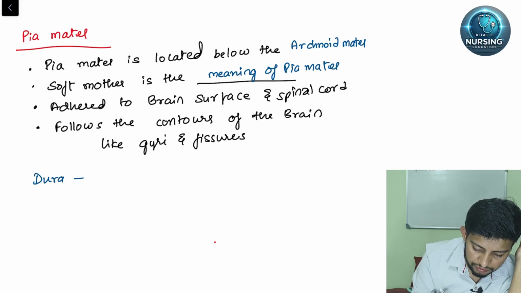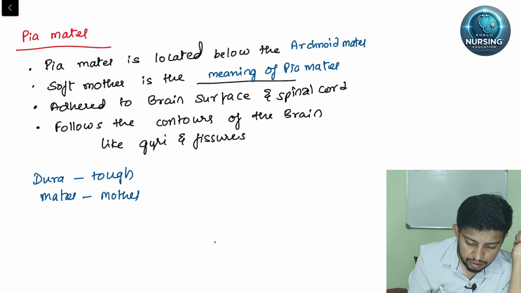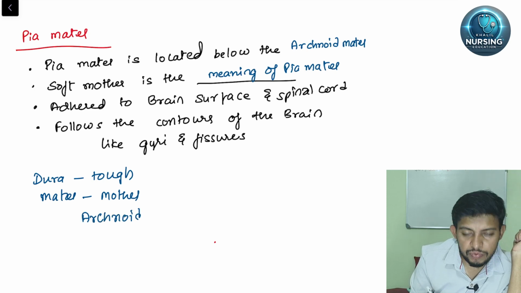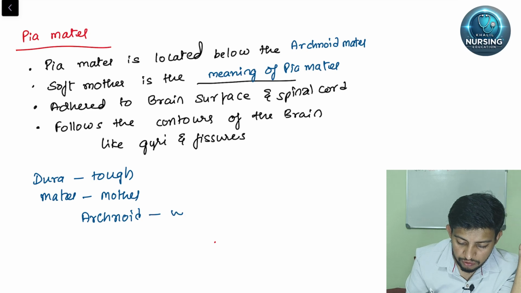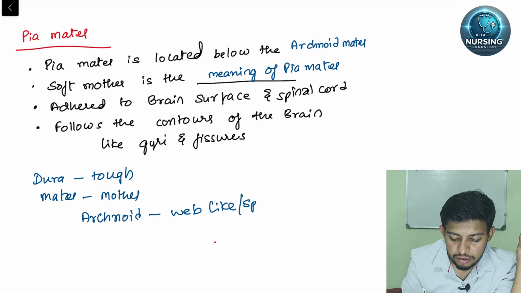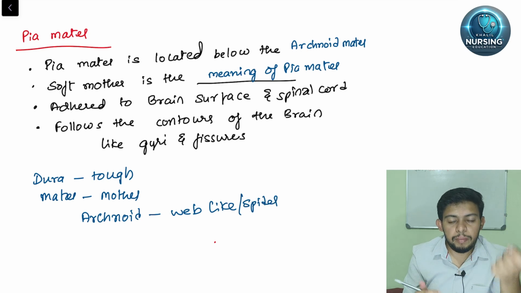Dura means tough, mater means mother. And arachnoid means a web-like structure, or we can call it a spider. So that is where it is spiderlike, attached to the pia mater.